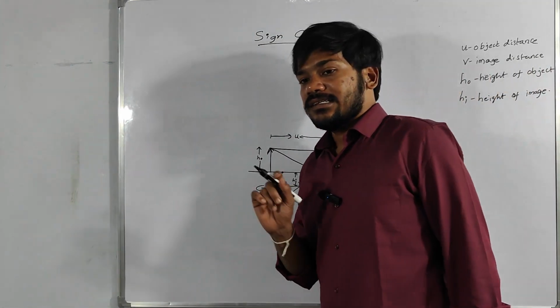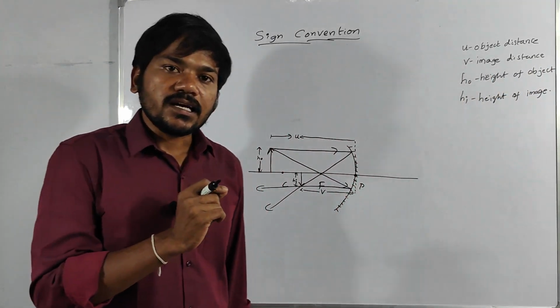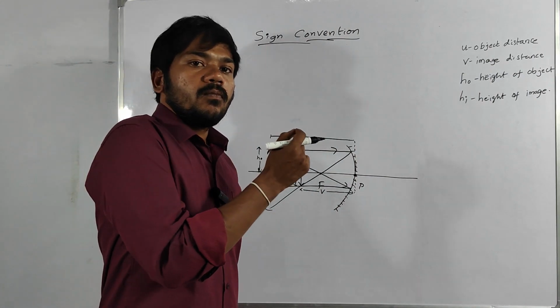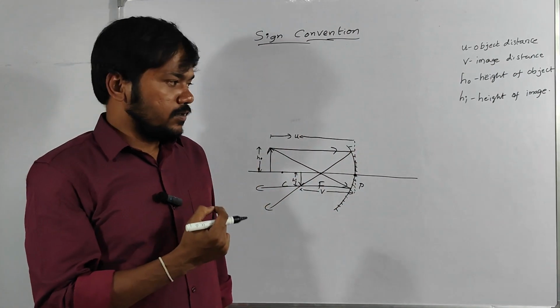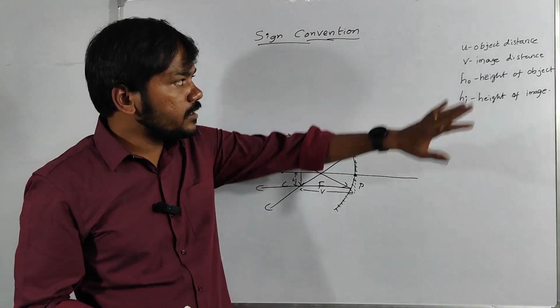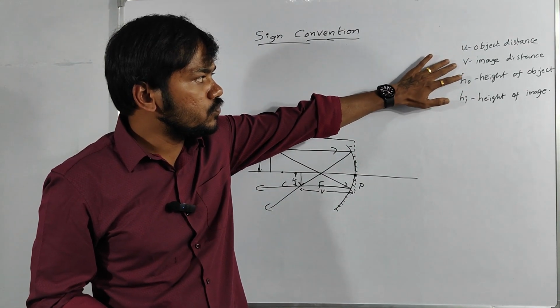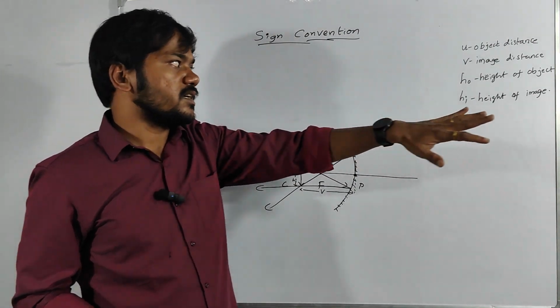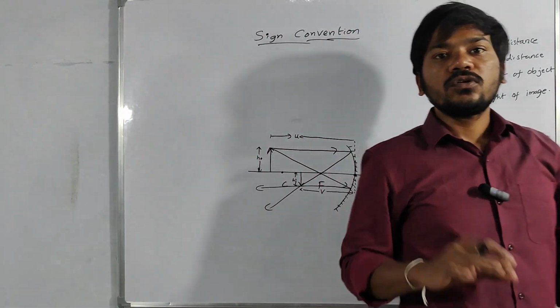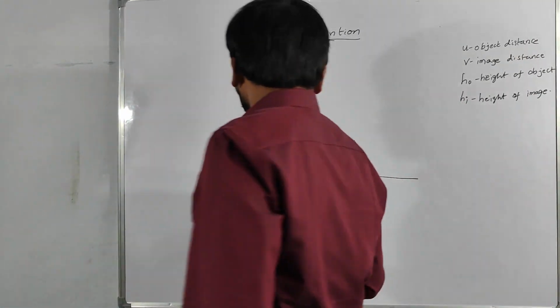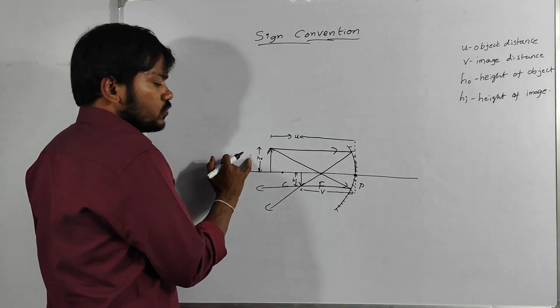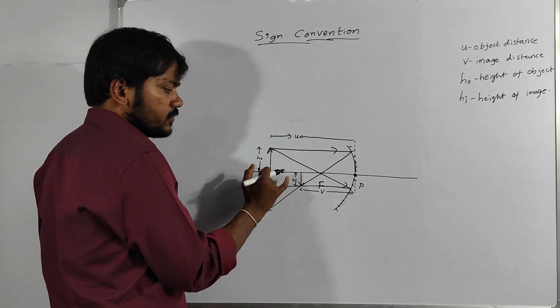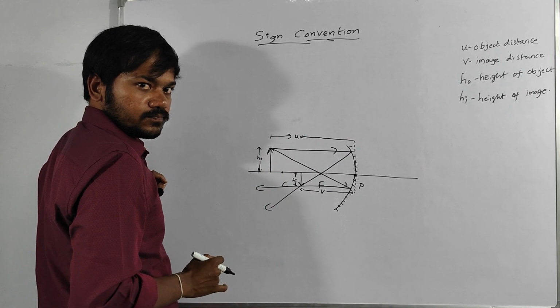Clear with this, no? Sign convention means giving a sign to some value of a variable, not directly to the variable. The variables are U, V, HI and HO. We are not giving the sign directly to these, but to their values. So if HO is considered positive, HI is negative.